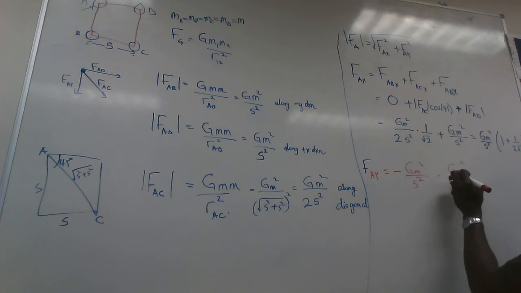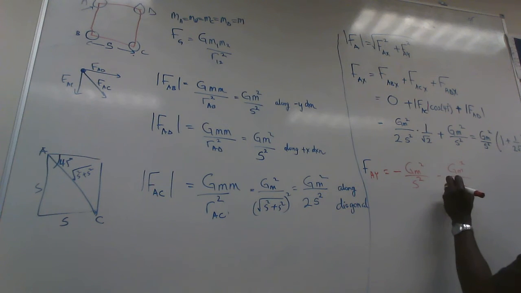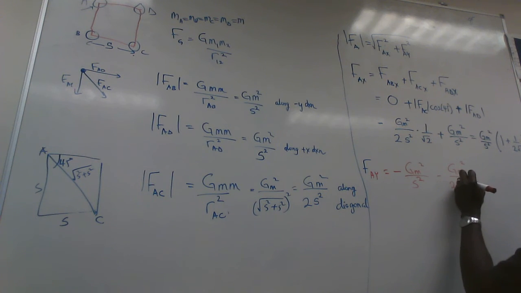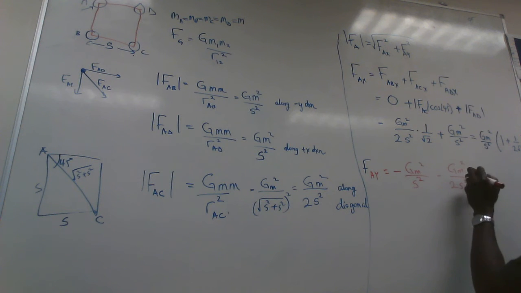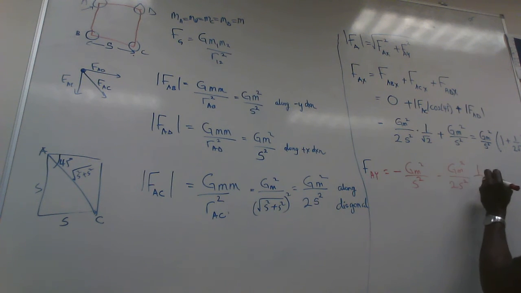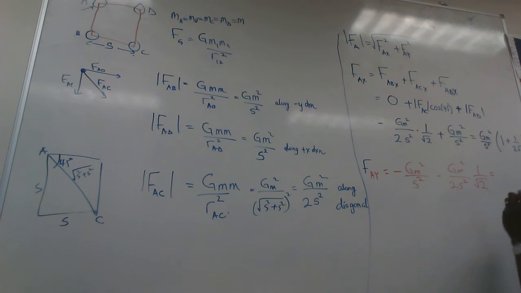Just like we had the cosine of 45 degrees, we'll have the sine of 45 degrees, which is also 1 over the square root of 2. So this gives us the component FAY being GM squared over S squared times 1 plus 1 over 2 square root of 2.